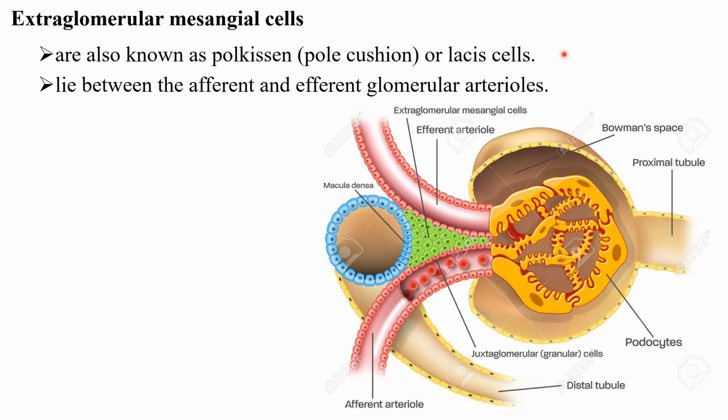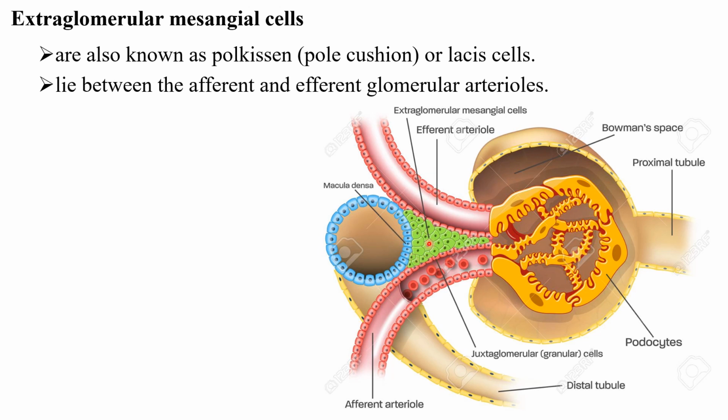The extraglomerular mesangial cells. We have seen there are some mesangial cells in between the capillaries of the glomerulus in the Bowman's capsule. There are also some cells which are present outside the Bowman's capsule. You can see here some green colored cells present in between the afferent and efferent arterioles.